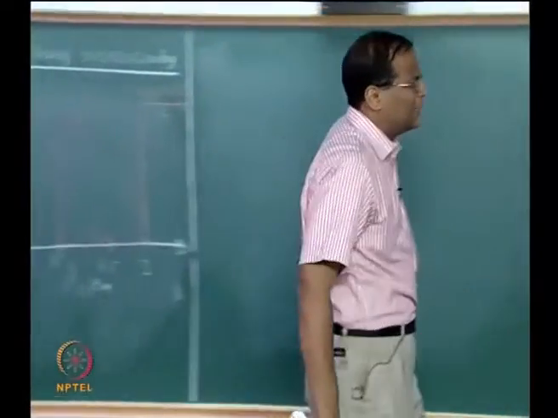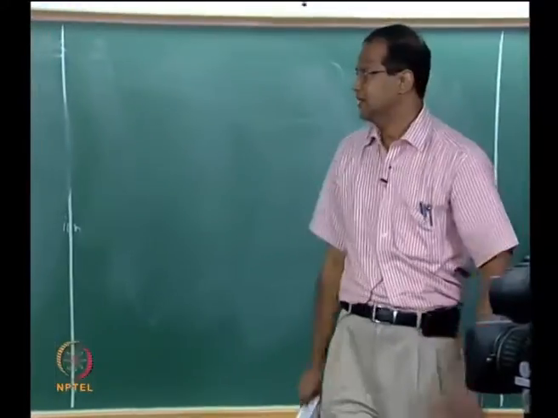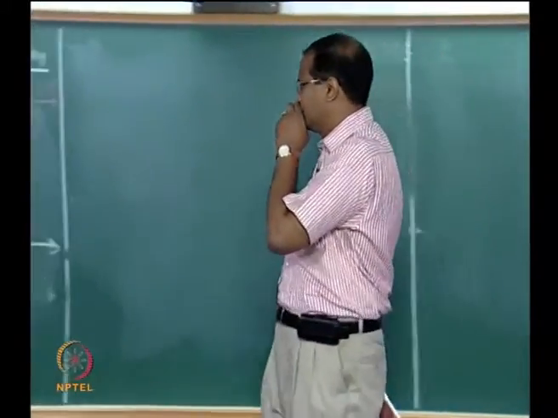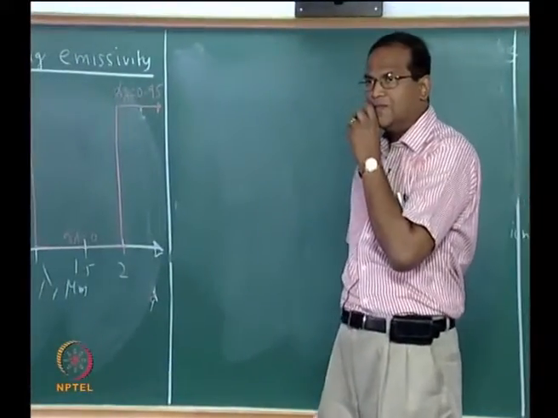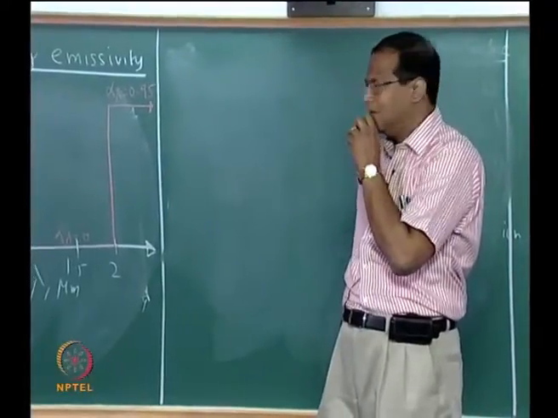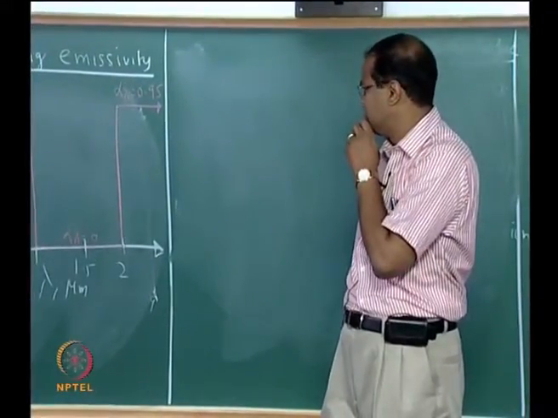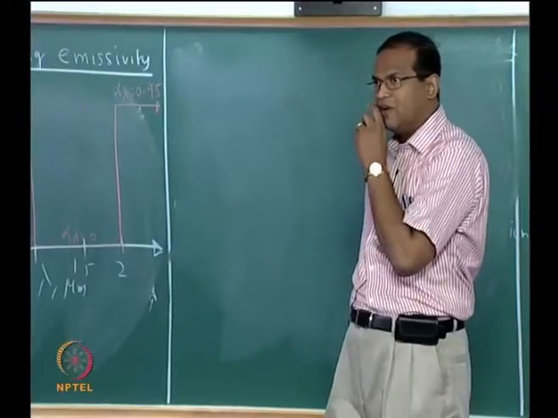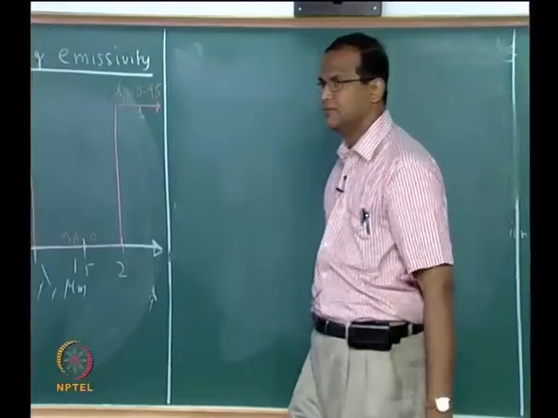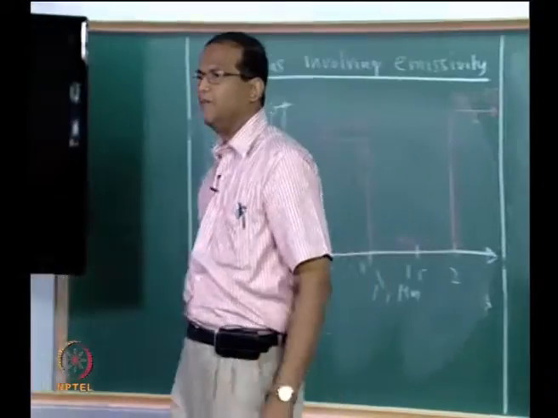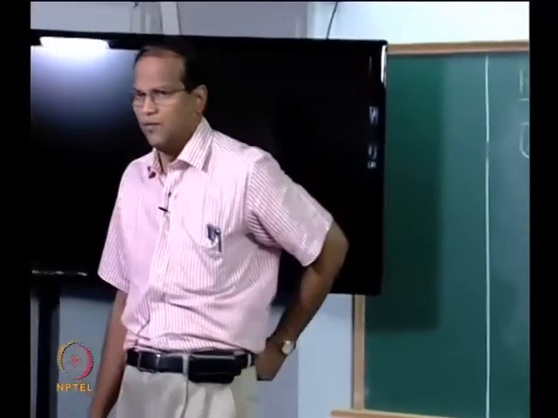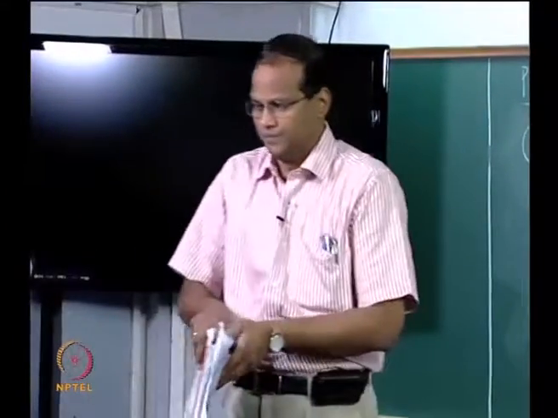So the spectral hemispherical absorptivity of a surface is given. It is absorbing only in two bands, 0.5 to 1 and from 2 onwards, with a 95% efficiency from 2 micrometer onwards.